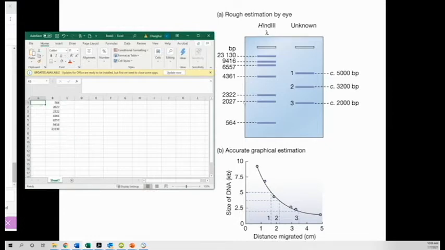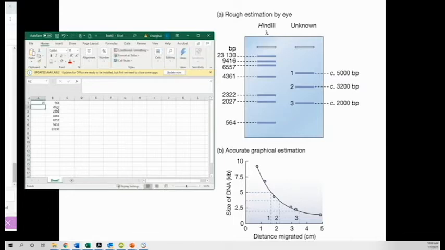And now you need to measure the distance, let's say for the 564 fragment, the distance from this fragment to here. You use any ruler with any unit, it doesn't matter. Let's say the distance here is 25, let's say 25 centimeters.